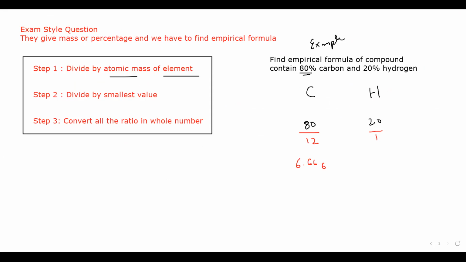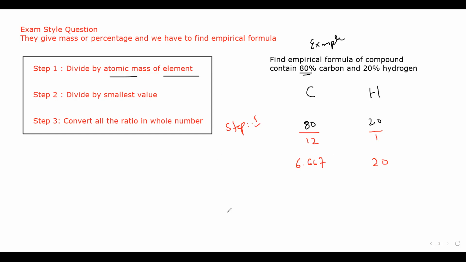Three decimal places you will write the number. Yeah, 6.667, that's good because it's a recurring decimal. So 6.667. And when 20 is divided by 1, that will be 20. That is our first step. Is it clear to everyone? Step 1, we divide by atomic mass.